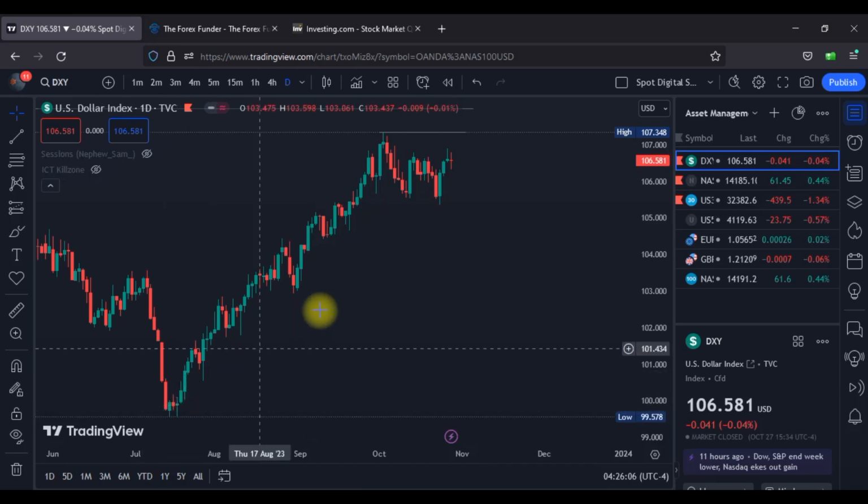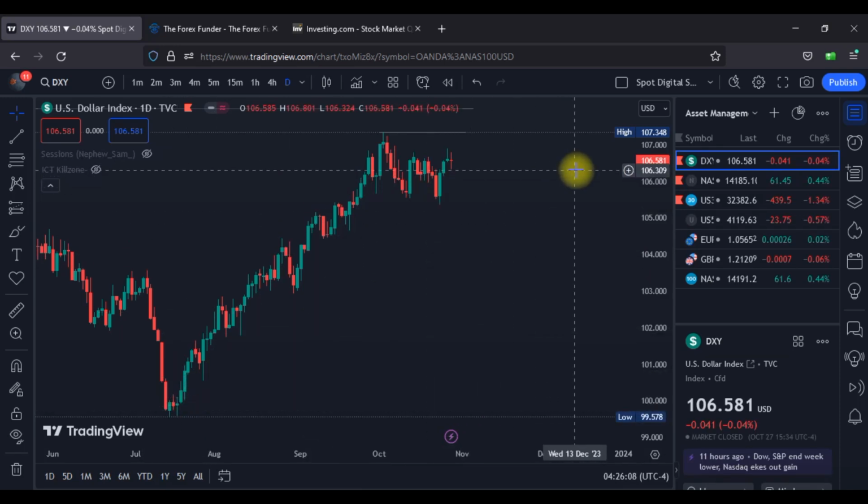So you can see the dollar index is trading upwards and the indices markets will move in the opposite direction of the dollar index. The US 30, the Nasdaq, the S&P 500, they will move in the opposite direction of where the dollar index is going.